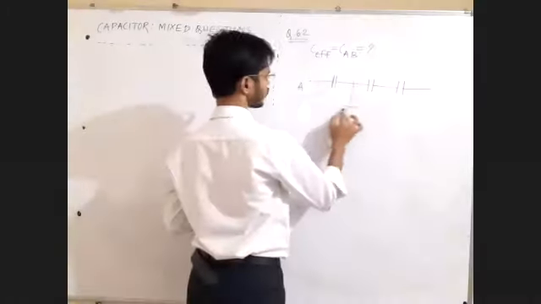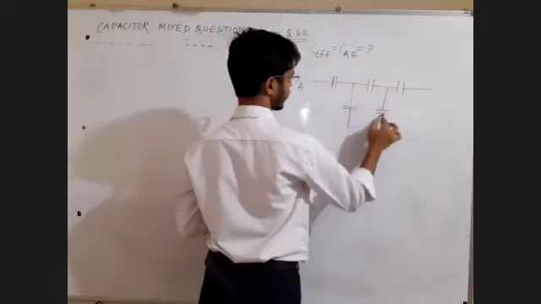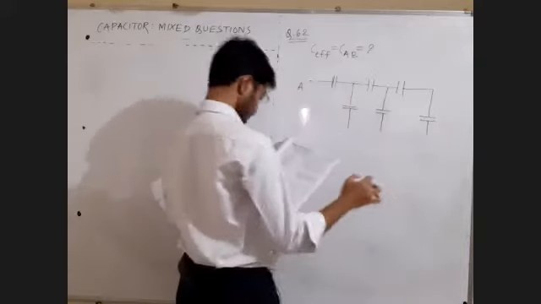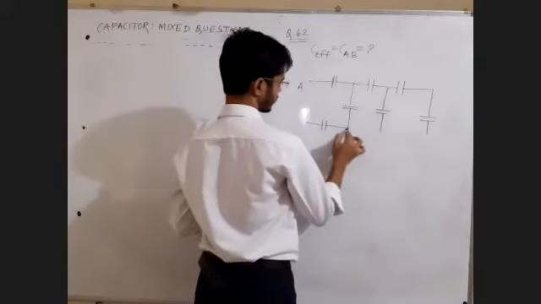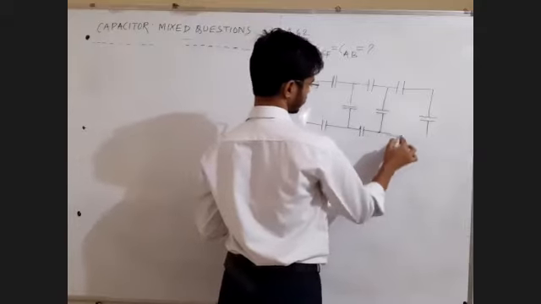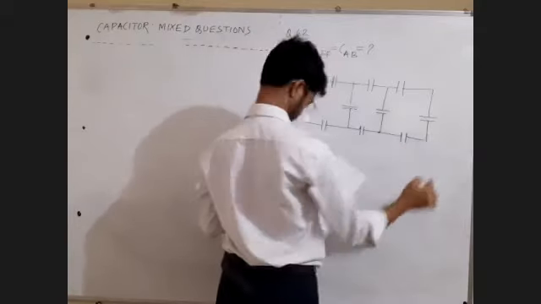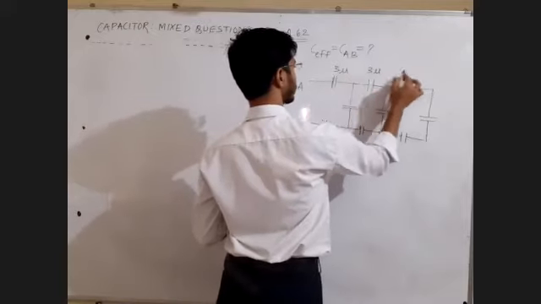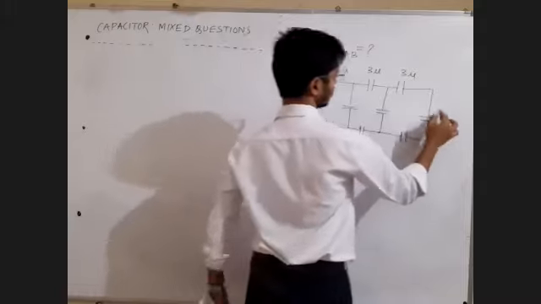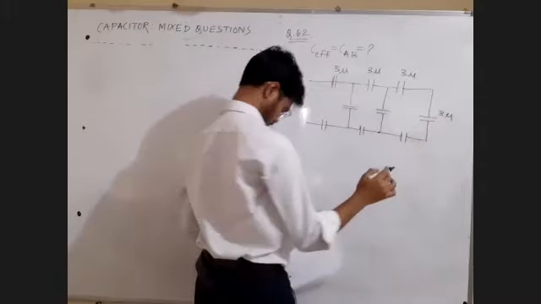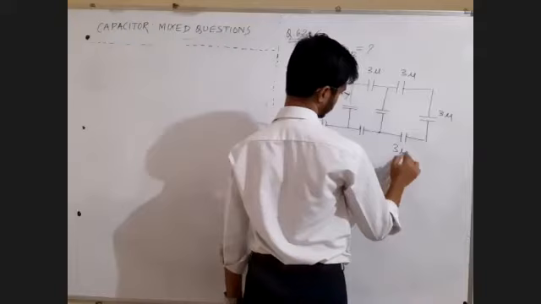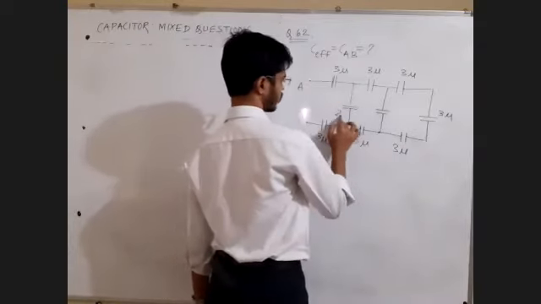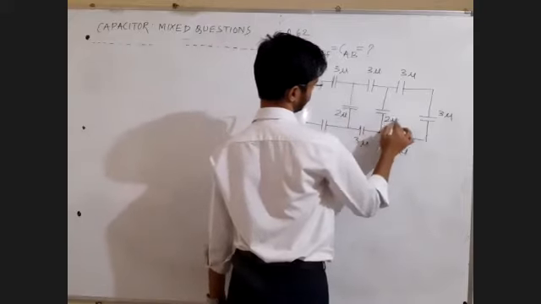This is 2 microfarad, 2 microfarad, 3 microfarad, 3 microfarad, 3 microfarad, 3 microfarad. So the capacitors are 3 micro, 3 micro, 3 micro, 3 micro, 3 micro, 3 micro, 3 micro, 2 micro, 2 micro.